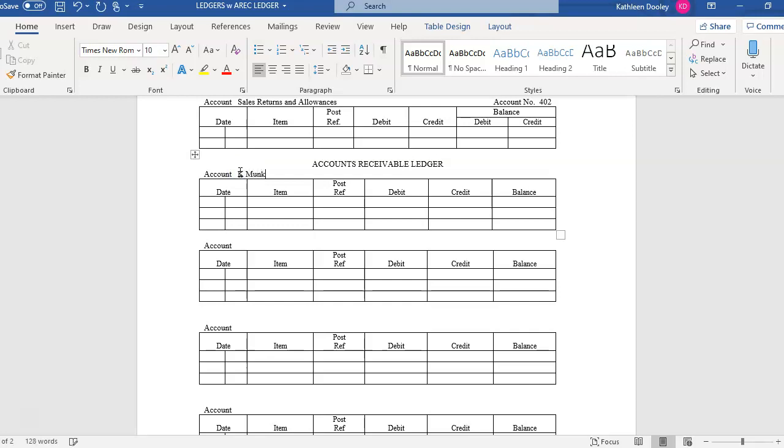K Moncrief. And we have April 1st, beginning balance, and that was $482.